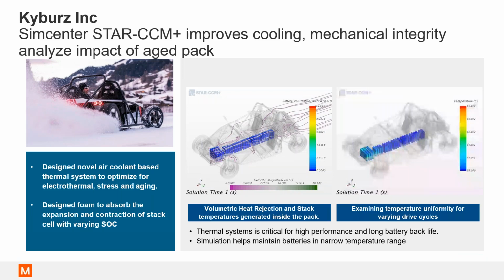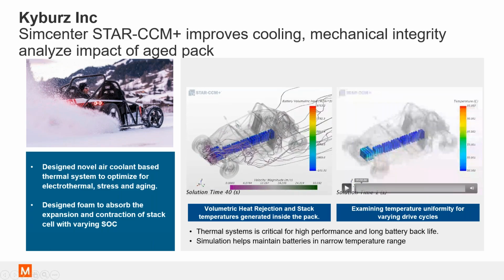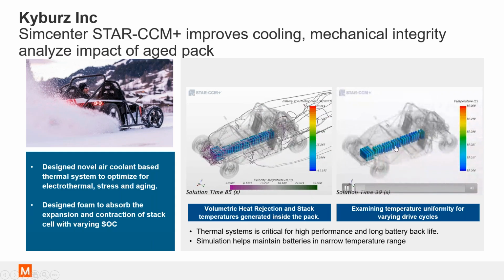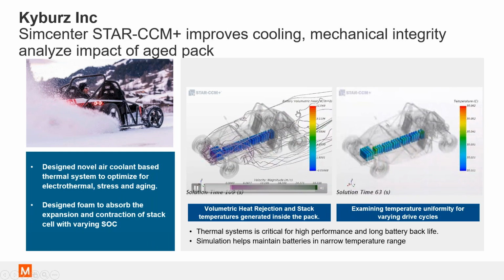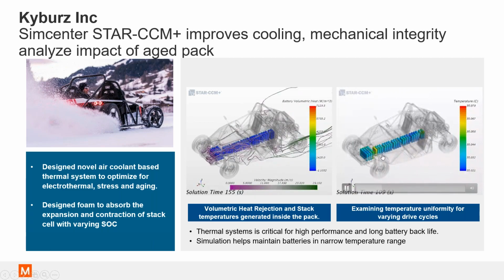Finally, this is a case study where Quebec wanted to improve on their cooling, mechanical integrity, and how an HPAC would behave as I drive around. So they wanted to have a little more uniform temperature distribution. As you can see, the temperature distribution is not quite uniform, but the air gap, or the air flowing, controls how hot the battery pack would get.